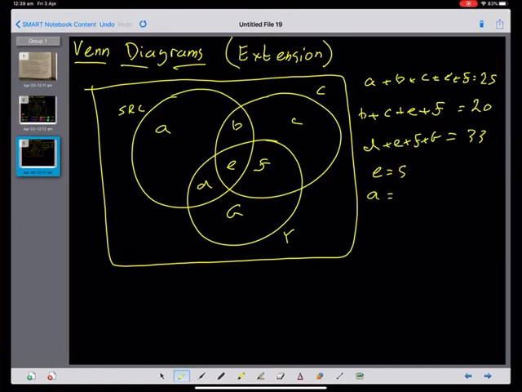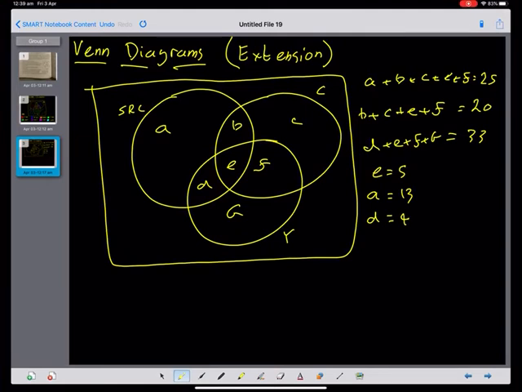So that is A is equal to 13. 4 members of the yoga club are also members of the SRC but not chess. So D is equal to 4.